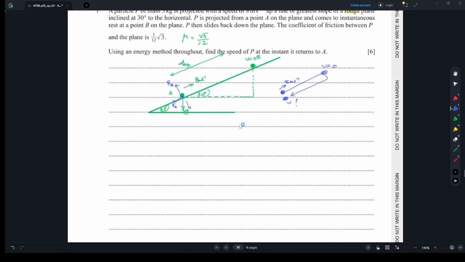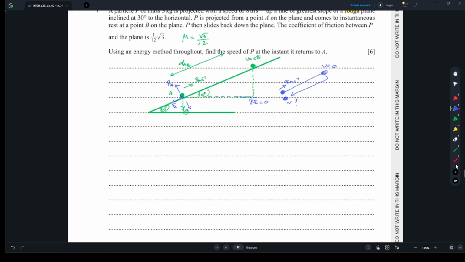Okay. So now we have to use the energy. So we can assume that this level has a potential energy equal to 0, because we don't know the height compared to the horizontal or this floor, right? So let's take at this point potential energy is 0.